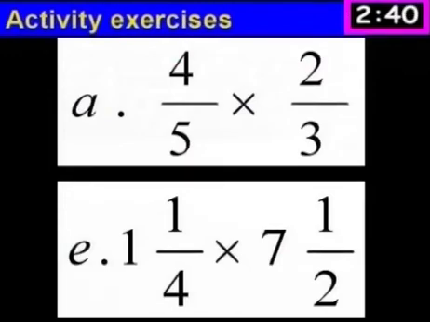So which two are you going to do for us to correct now? A and E. Okay, go ahead and do A and E, please. Receiving students can do A and E. We will correct A and E. The rest of the activity you can do for your homework.